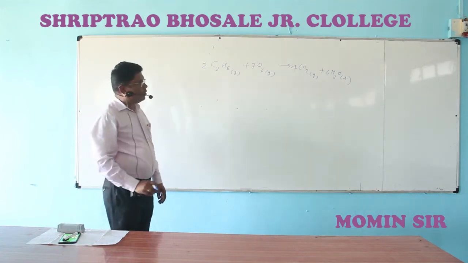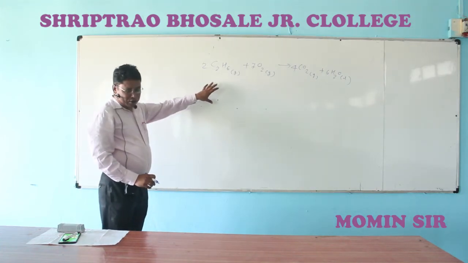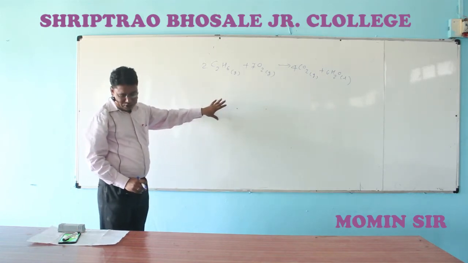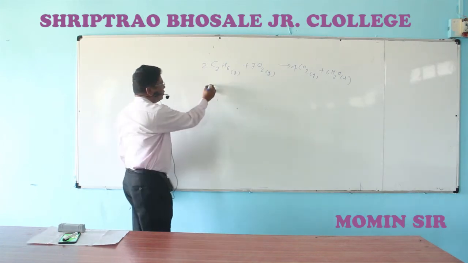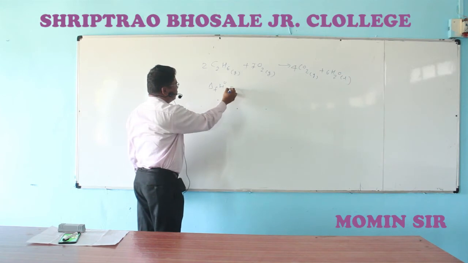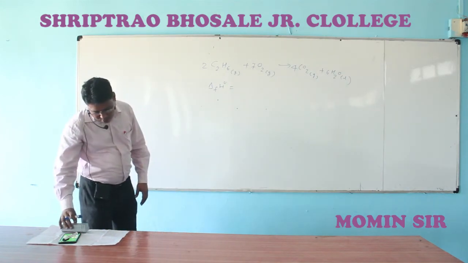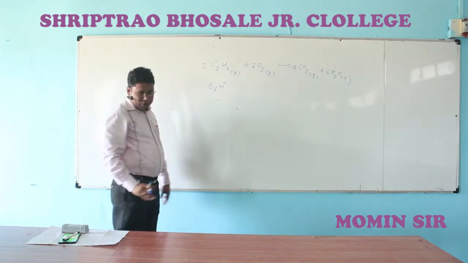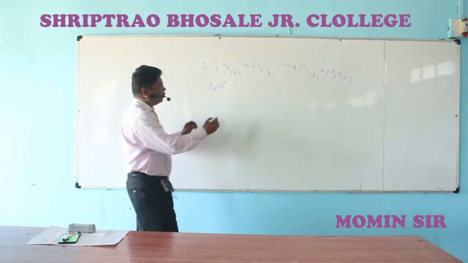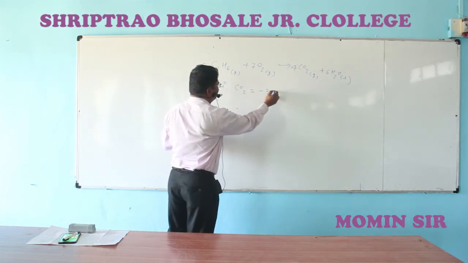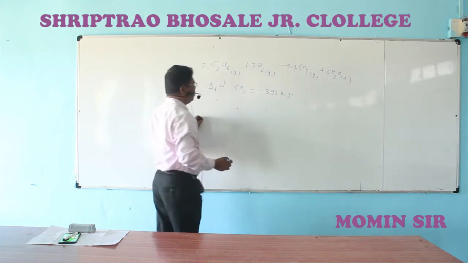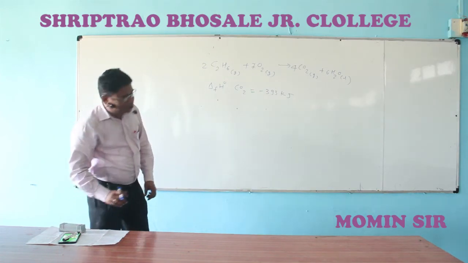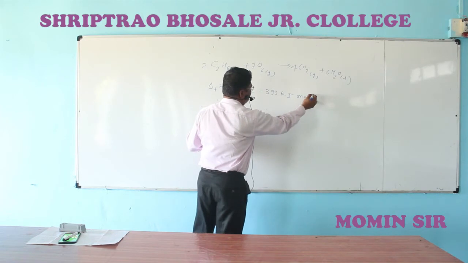Now we want to calculate the standard enthalpy of reaction from the standard enthalpy of formation. Here some data is given. Standard enthalpy of formation of CO2 is equal to minus 393 kilojoule per mole.